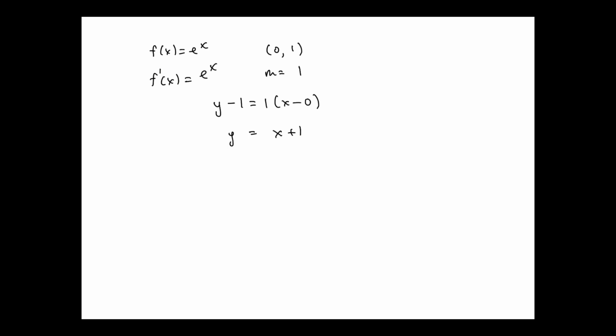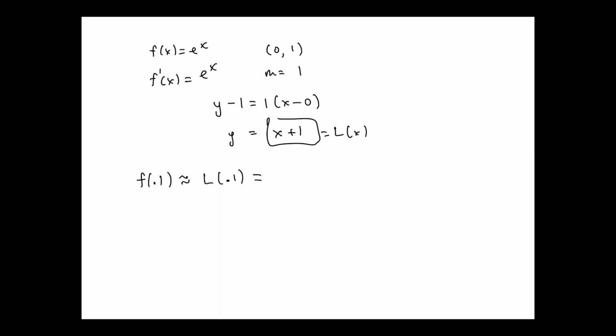Now, what do we want to do here? I want to approximate the value of e to the 0.1. So I know that f of 0.1 is going to be approximately L of x, let me call this thing L of x for tangent line. If I plug 0.1 into that, am I going to get the exact value of f of 0.1? No. But is it going to be close? Yeah, reasonably. And it's really easy to plug 0.1 into that function.